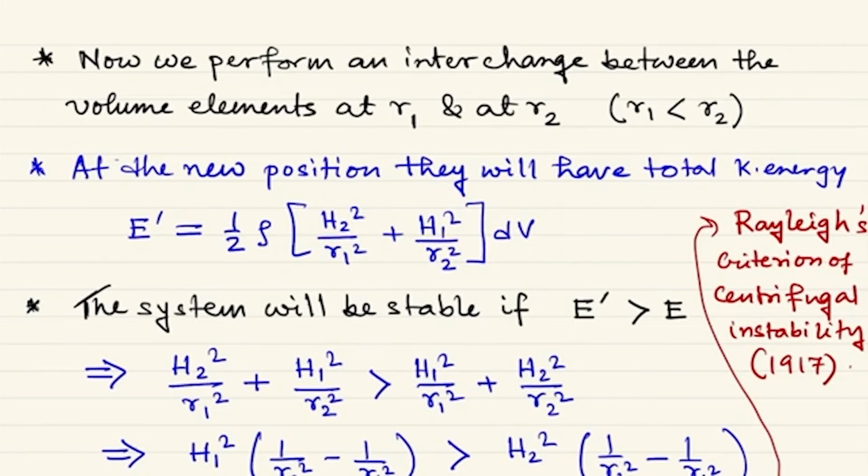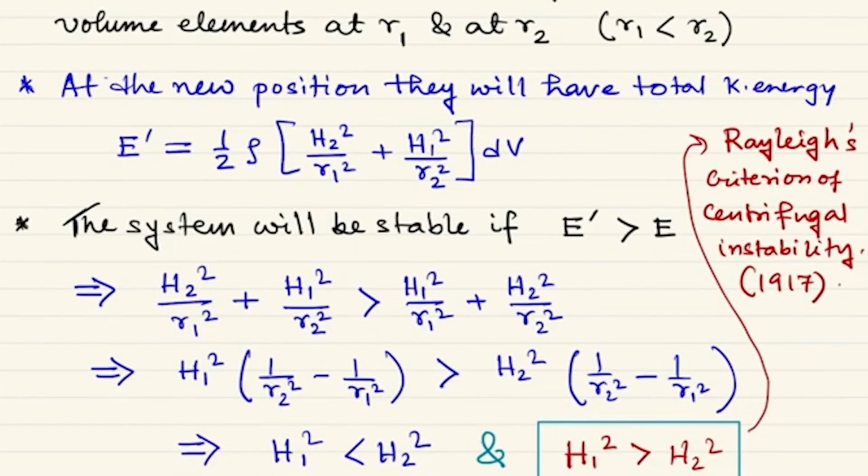If we simply swap their positions but they remain associated with their original angular momentum, would that system be stable? How would the system respond?